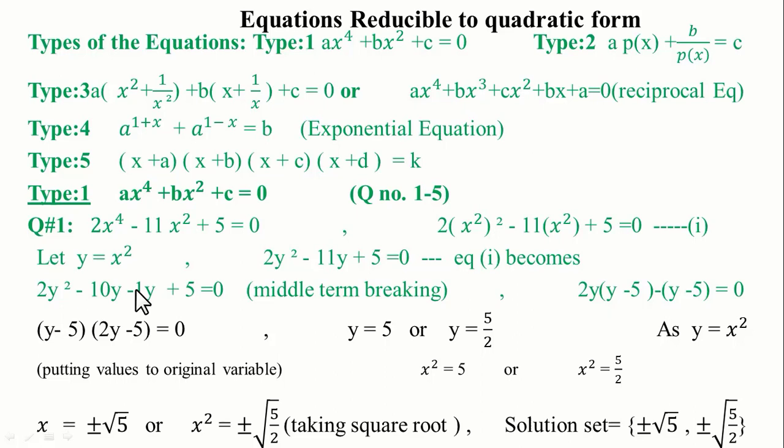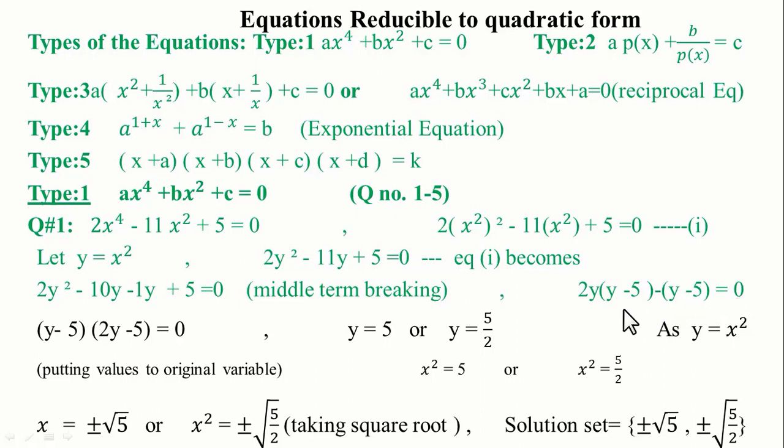So we take the common factor from the first two terms. Here 2y is common, so taking 2y as common, we get 2y into y minus 5. In the last two terms no digit is common, so we take minus 1 as common, giving minus 1 into y minus 5.